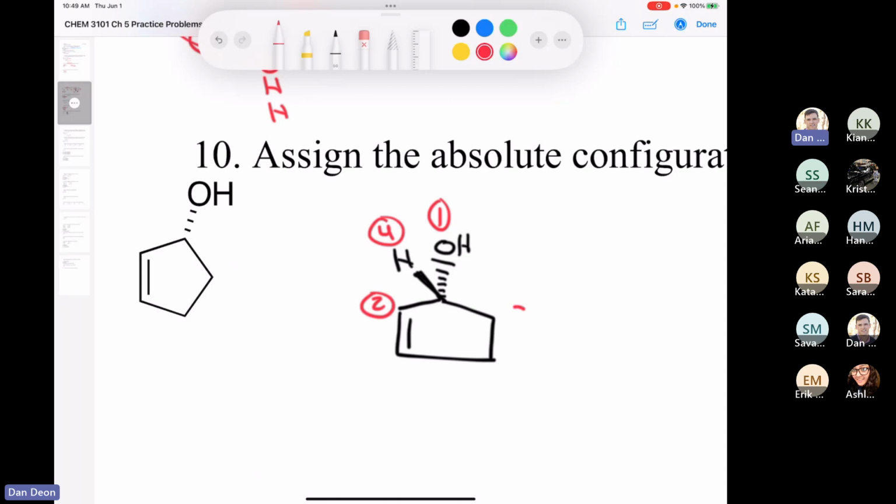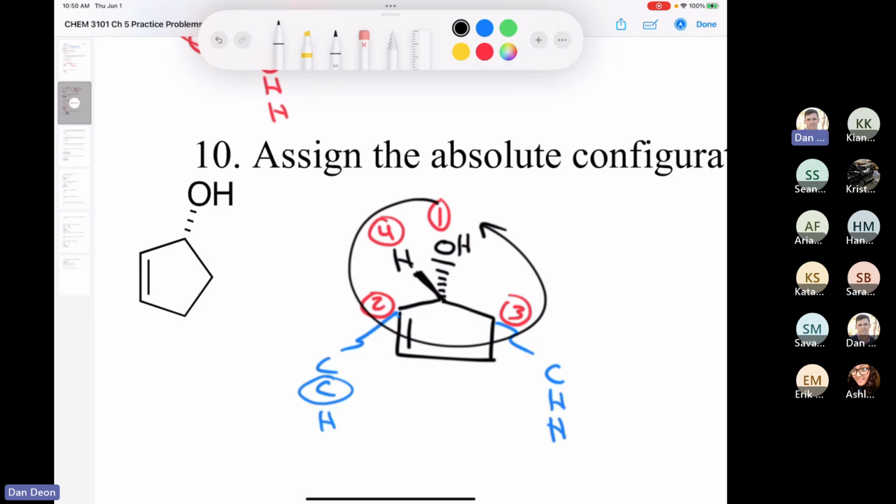This is going to be number 2, and this will be number 3, right? The reason why is this carbon is attached to carbon, carbon, hydrogen, and this one is attached to carbon, hydrogen, hydrogen. So that's my tiebreaker. So I go from 1 to 2 to 3, which is counterclockwise. So that would be S, but the hydrogen is coming out in front. And so we reverse it, and this is an R compound.